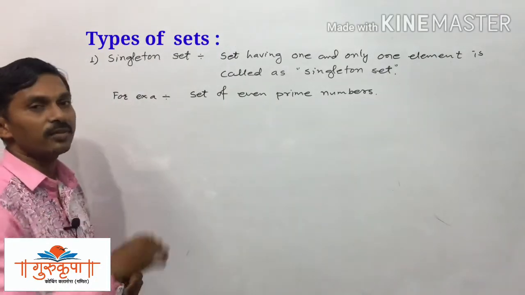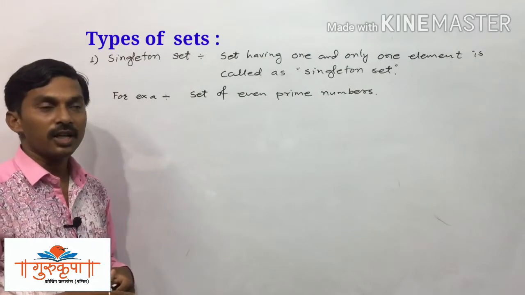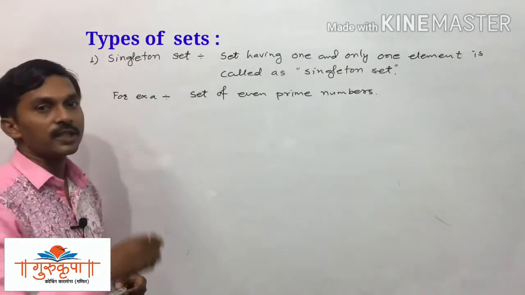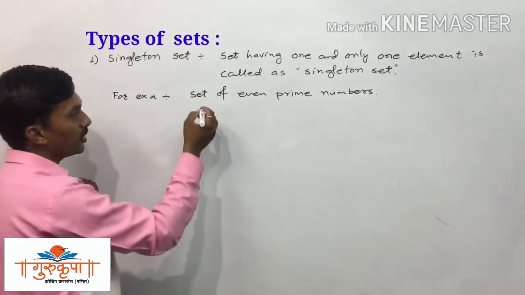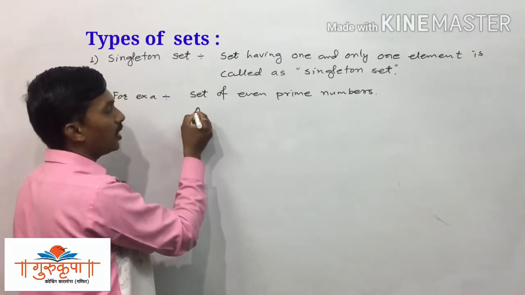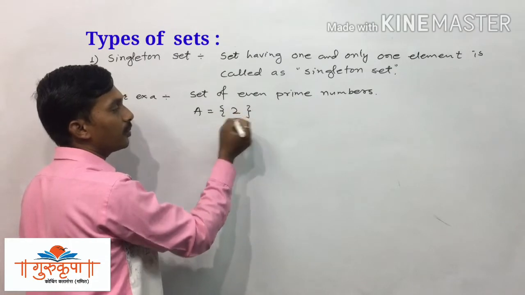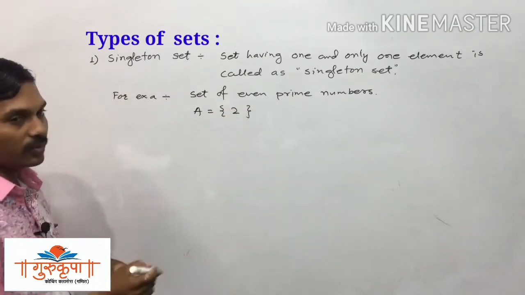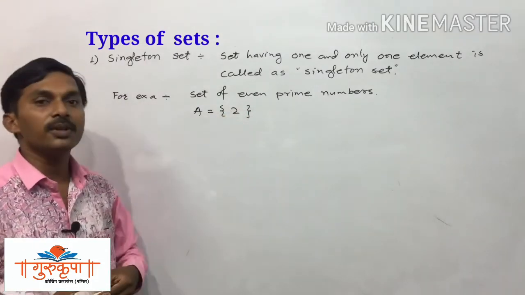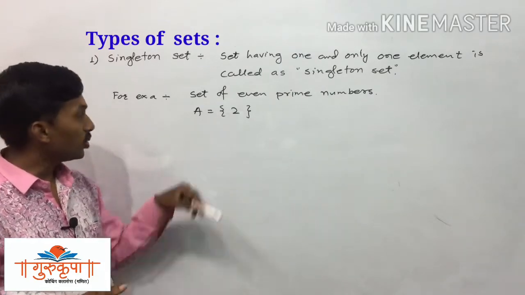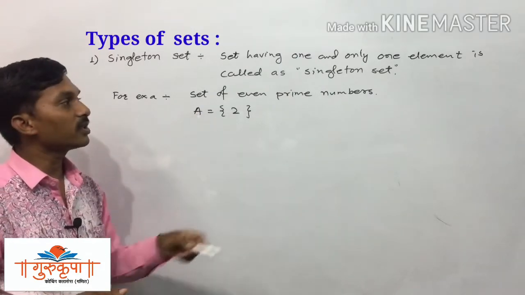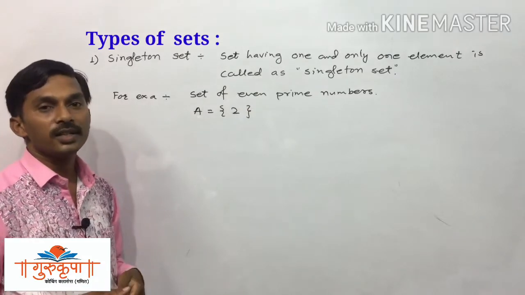We can write the set by using the listing method, and observe how many elements are there in the set. So here we will write the set A is equal to, in curly brackets, 2, that is the even prime number. We have one and only one even prime number, that is 2. So this set A is called a singleton set.